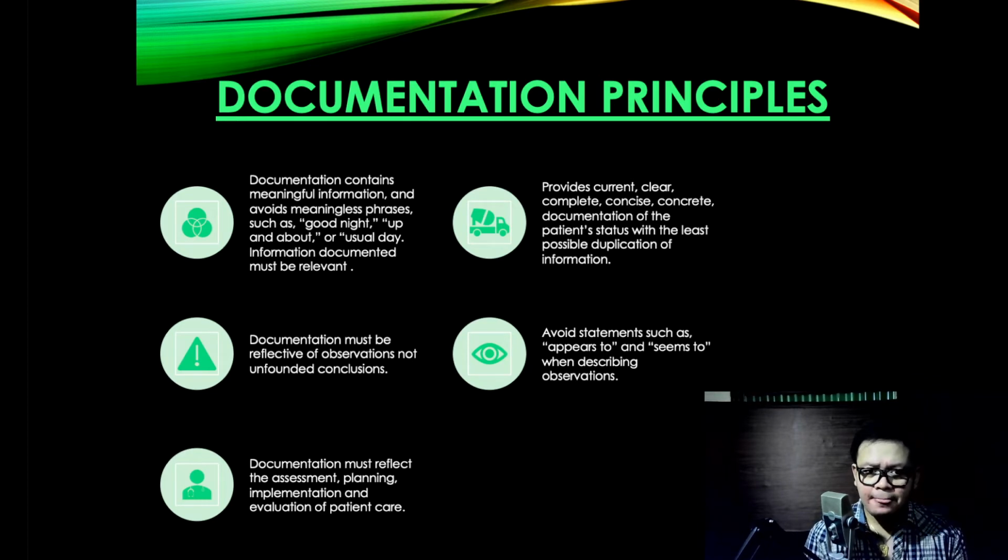At the same time, there should be no repetitive words, because duplication is a no-no as part of our principle. You also have to avoid statements such as "appears to" or "seems to" when describing observation. Ambiguous statements or observations that aren't clear shouldn't be included in the documentation process.